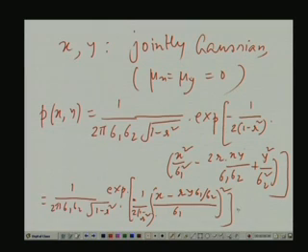So, essentially we are left with another exponential, simply y square by twice sigma 2 square, that is all.